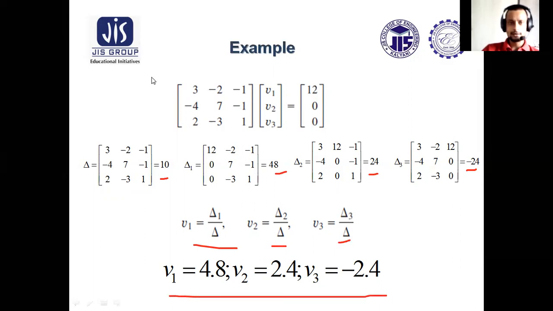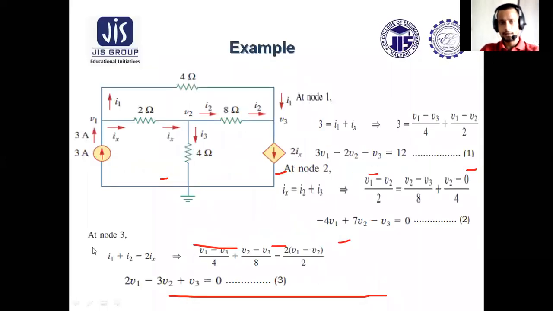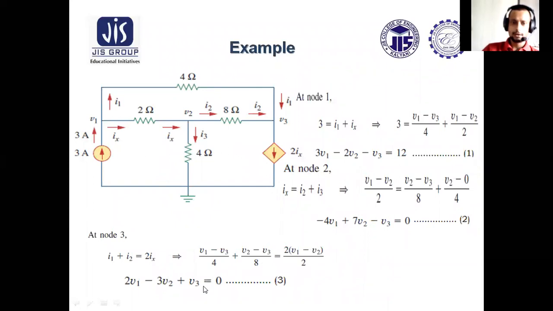Once V1, V2, V3 are found, see, I1 is V1 minus V3 by 4, and IX, I2, I3 will all be found accordingly. So you can find the current through each branch using this rule.